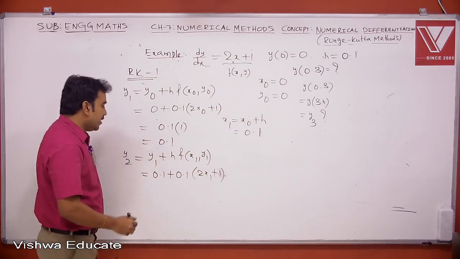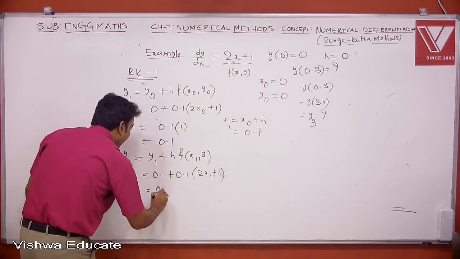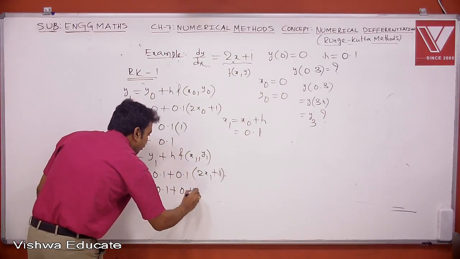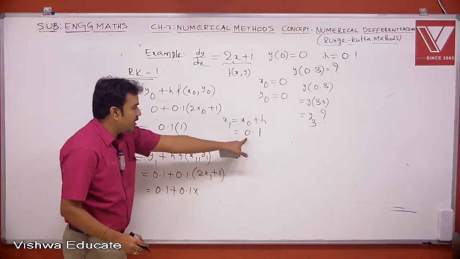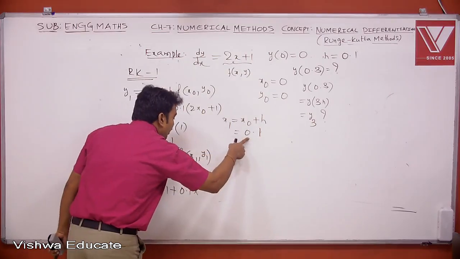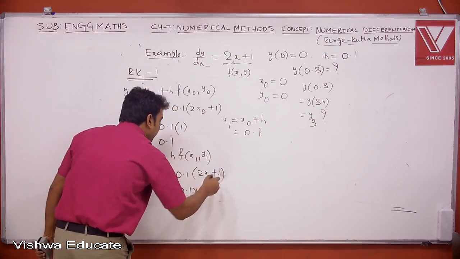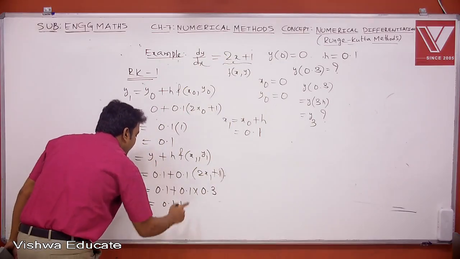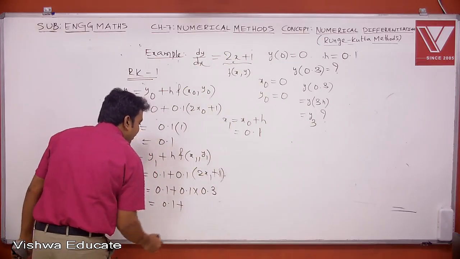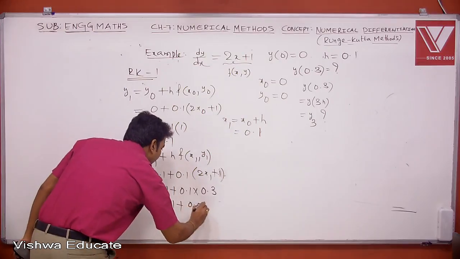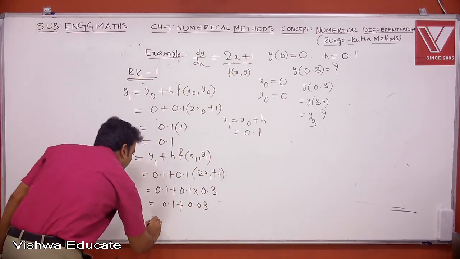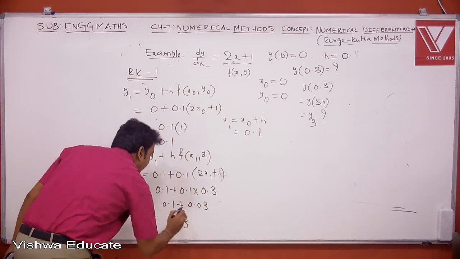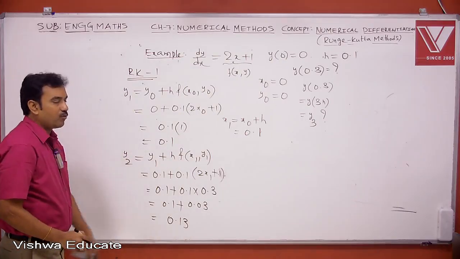So this is 0.1 plus 0.1 into 2 into x1. x1 is 0.1, so 2 into 0.1 is 0.2. 0.2 plus 1 is 1.2... 0.1 plus 0.1 into 0.3, this is nothing but 0.03. So this is 0.13. So y2 value is 0.13.